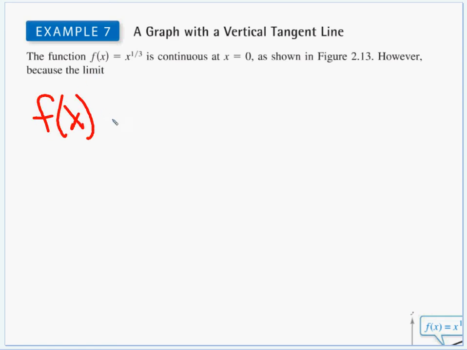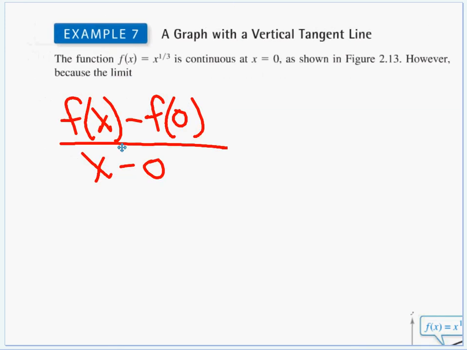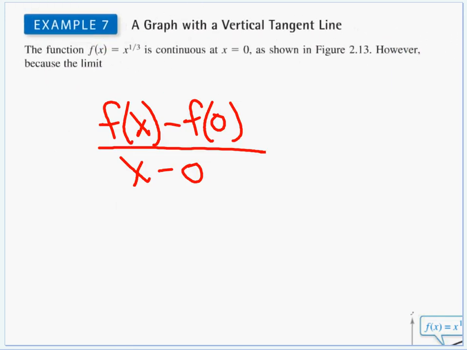Remember, this is f of x minus, in this case, f of 0, over x minus 0. I should have put my limit notation in there. The limit as x goes to 0 of this. My function is x to the one-third, or the cube root of x.